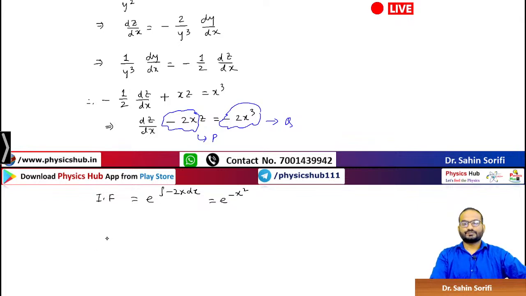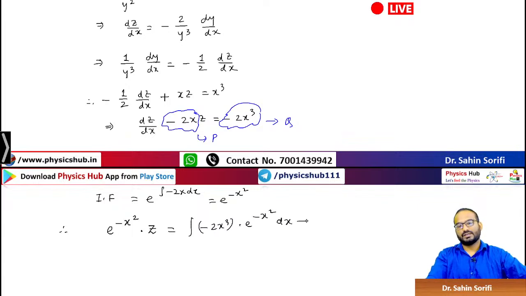Okay, therefore the solution is integrating factor into y. Here z is the dependent variable now, so you will write e to the power minus x square into z equals integration of q, minus 2x cube, into integrating factor e to the power minus x square dx plus c.